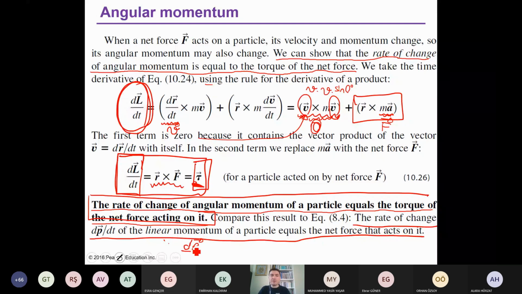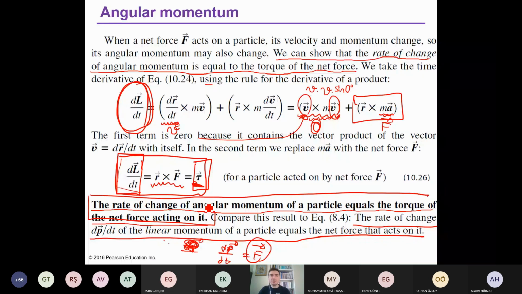If the net force is 0, then the momentum is constant. We learned this during chapter 8. Here, if the net torque is 0, then angular momentum is constant. Now I will discuss this situation.